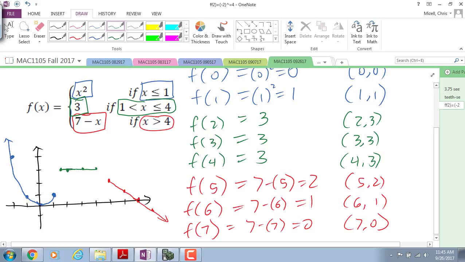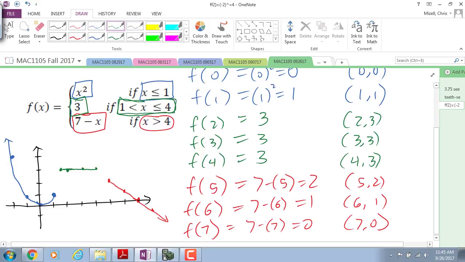So there's still a gap now between 1 and 1.5, so I'll pick another number between 1 and 1.5, maybe 1.1. So if we evaluate the function at 1.1, 1.1 is still between 1 and 4.